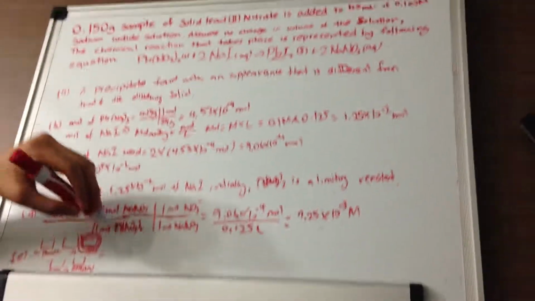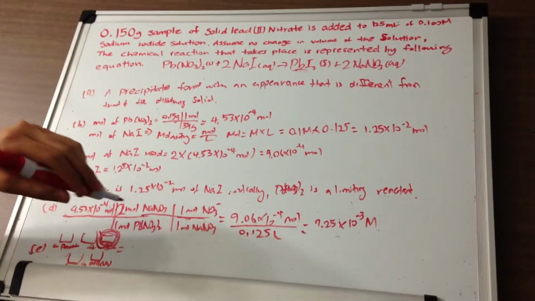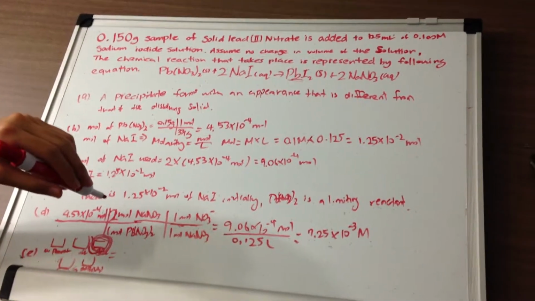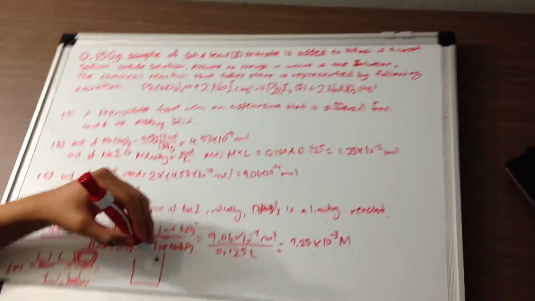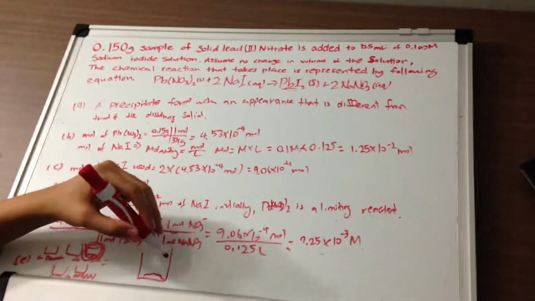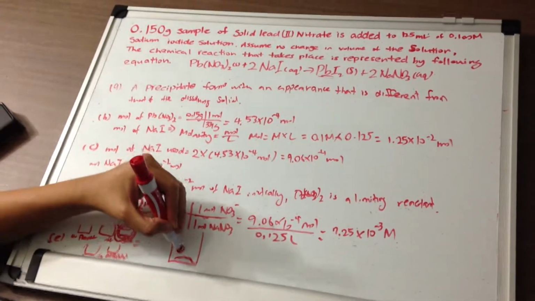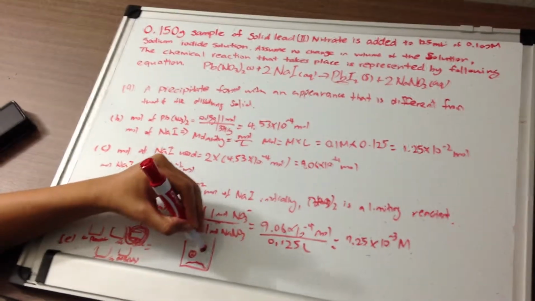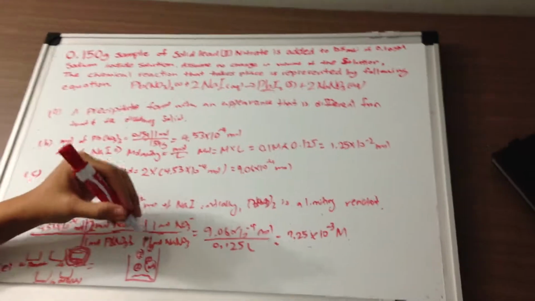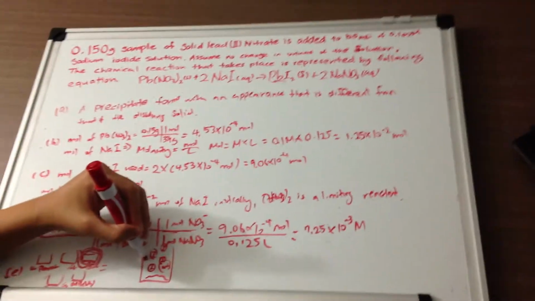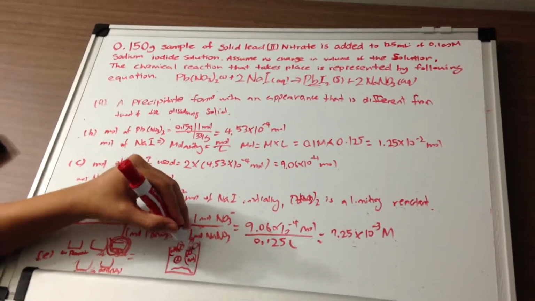Because if you look at the top right beaker, it shows that there is precipitate and there's I minus and NO3 minus and Na plus floating around.